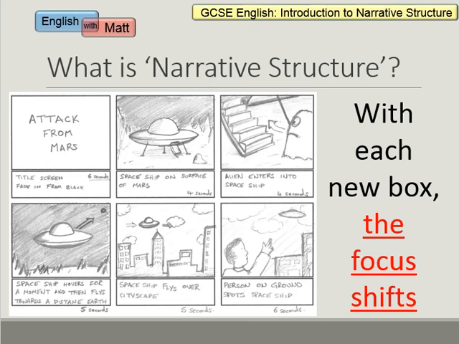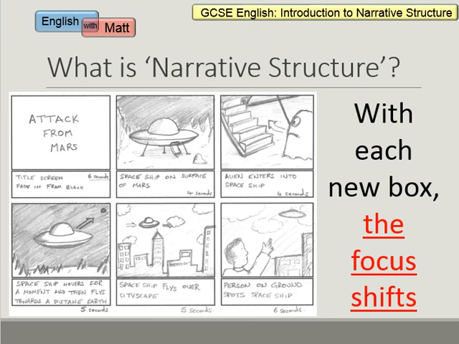But with each box and with each drawing, you can see here, the focus is shifting. And the idea of focus shifting is another important aspect of the structure question, because with each paragraph you read, the focus will shift. In other words, what you see will shift because the writer is navigating you through different topics in each paragraph.